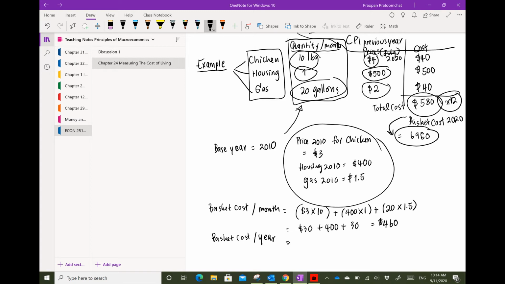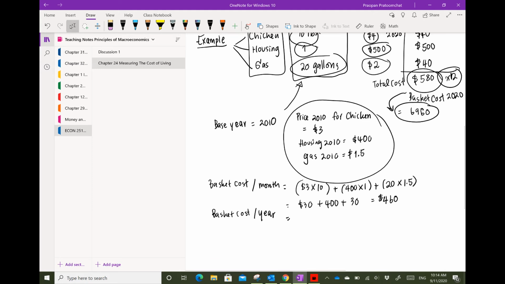This is just a simple example. In reality, they have a long list of products, okay? So we have 460 times 12 is 5,520. This is the basket cost in 2010, which is our base year, right?